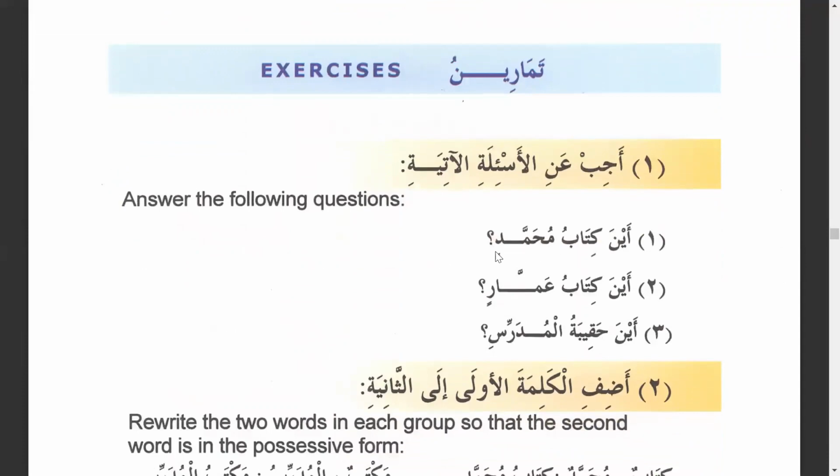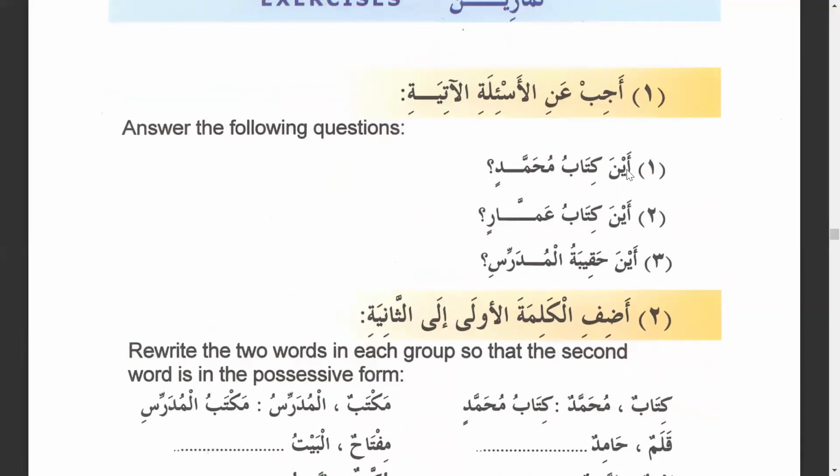Did you do the exercise question number 1? Yes. So just say it with me. I know you have written it and you have shown me. Just say it. Aina kitabu Muhammadin? Huwa tahtal maktabi. Excellent. Aina kitabu Ammarin?